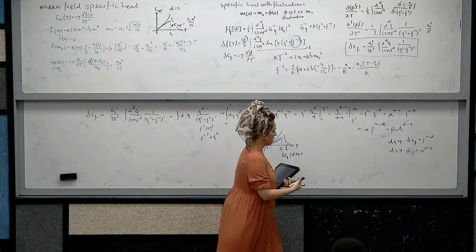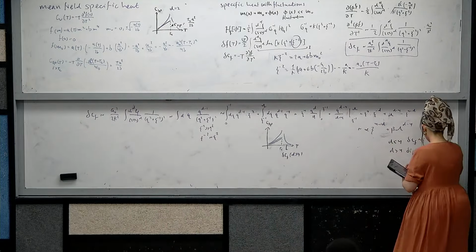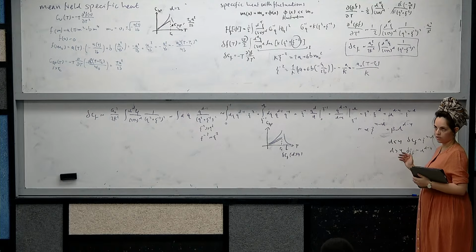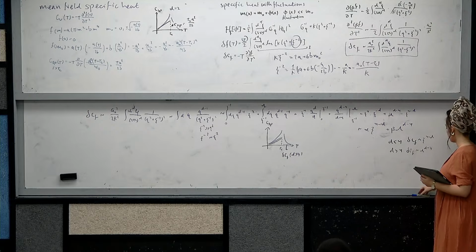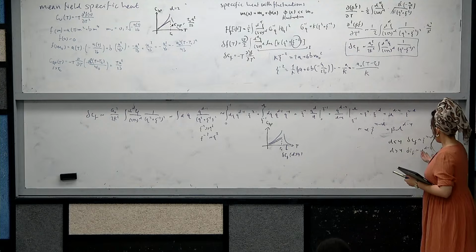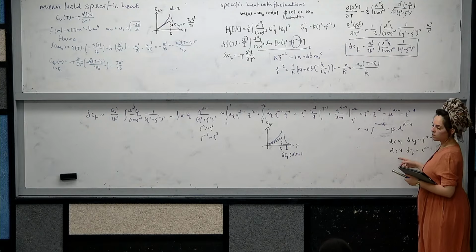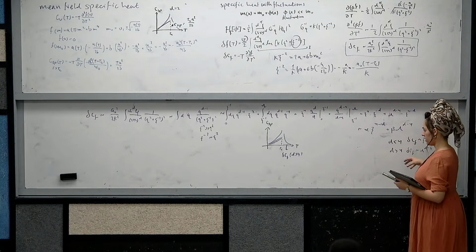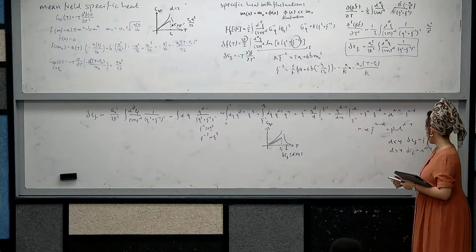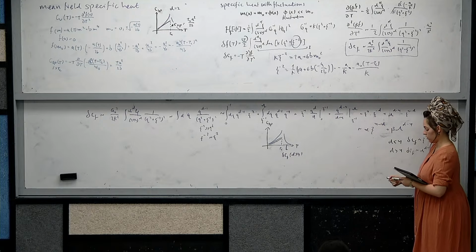So again, we can define a dimension up to which the mean field approach works. For d larger than 4, there is a small correction. It doesn't change the physics at all, so the mean field approach works.